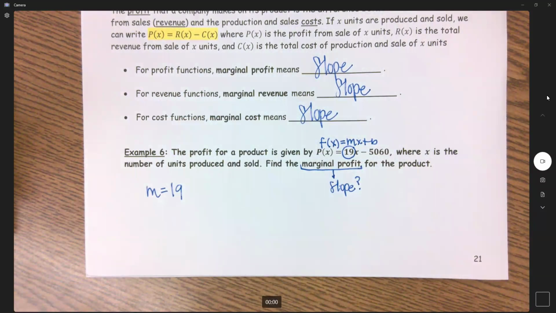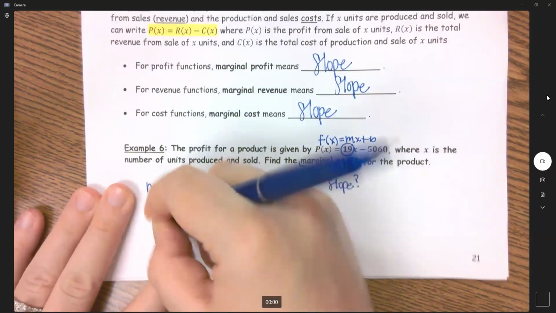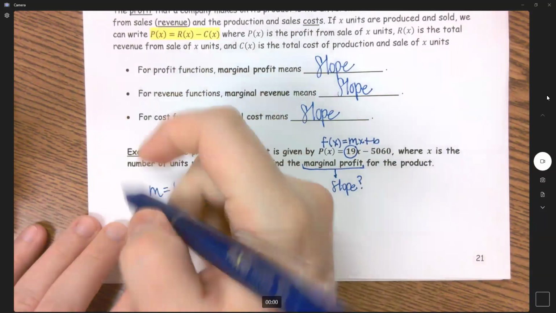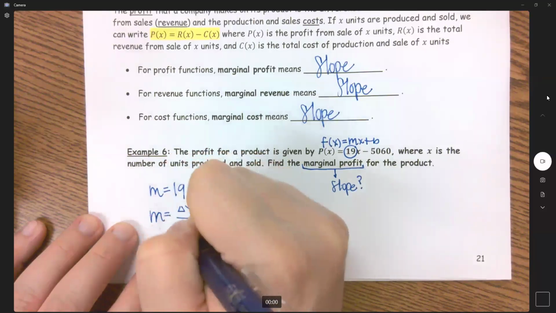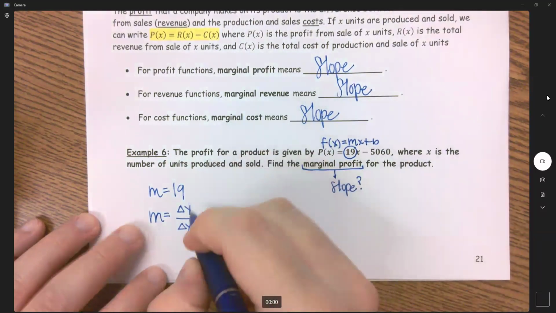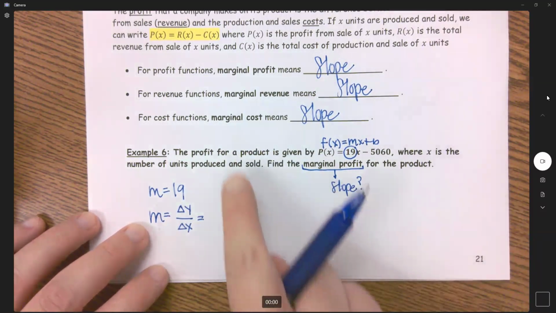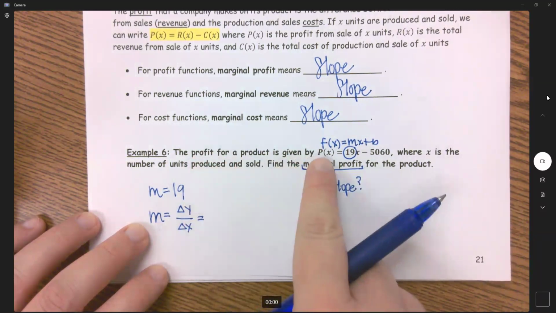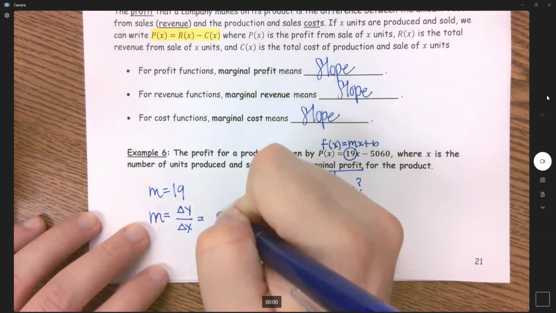Now with this, we're going to need some units here. If my slope is the change in y over the change in x, what are the units that go with my y? What are the units that go with my x? Well, it tells you the profit for a product is given by P(x), so my profit is talking about dollars.